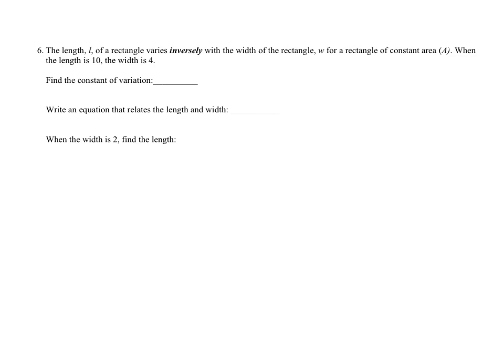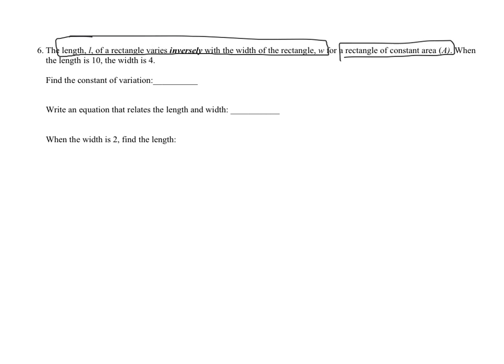So the first thing I'm going to do is write my equation. The length varies inversely with the width. And in this case, they're calling the constant A, okay? So think about the form y equals k over x. We have all the information here, except we're going to use different letters, right? The length is mentioned first.